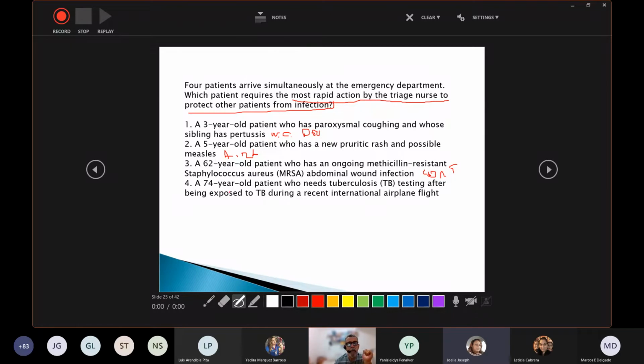A 74-year-old patient who needs TB testing because he was exposed to a tuberculosis patient in a recent international airplane flight, okay? So it could be or could not be TB. But you know, it's a recent exposure.